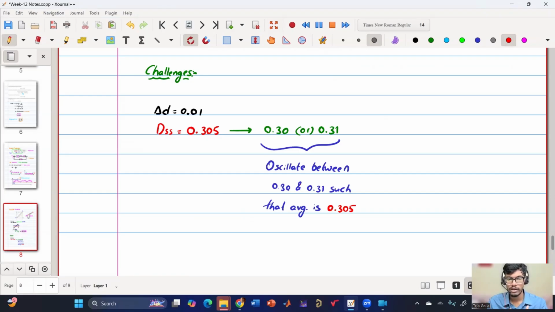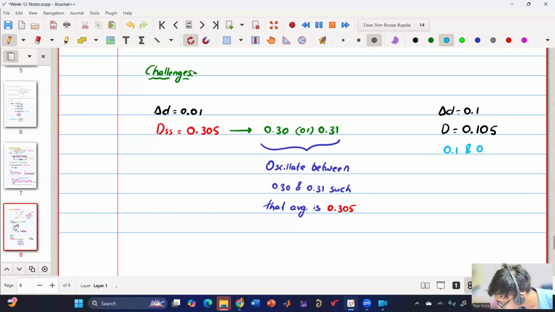But say my delta D is 0.1 and the duty ratio that I am trying to achieve is 0.105, then it will oscillate between 0.1 and 0.2. So you can consider there will be 5 cycles of 0.2 and 95 cycles of 0.1. So there will be so many oscillations.